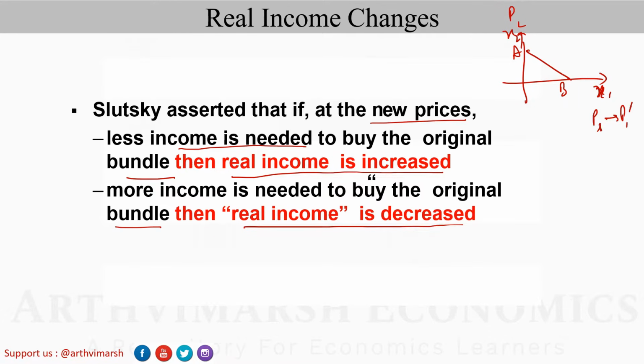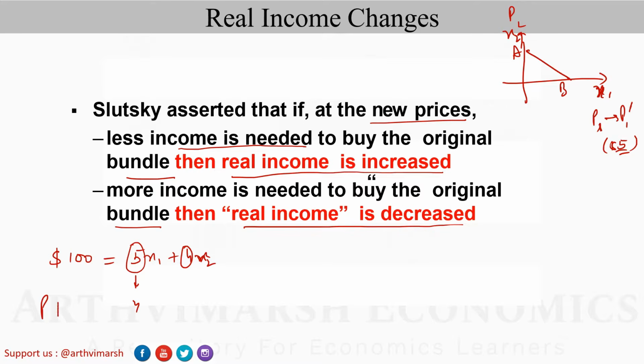Now how to observe this? Think of the previous example, where I showed that a consumer had $100 in his pocket and the budget line was given as 5x1 plus 4x2. Let us assume that this is the budget line. So the price of the first commodity is 5 units of the currency, it can be dollars or rupees, and the other good was for $4 or 4 rupees. Now what happened is that the price changed from 5 to 4.